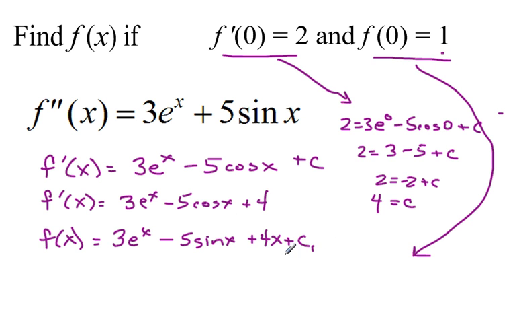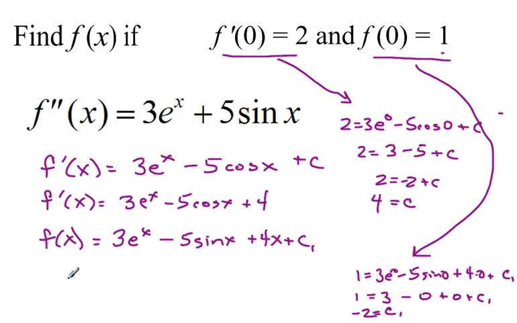So we'll come down here, and my y is 1 equals 3e to the 0 minus 5 sine 0 plus 4 times 0 plus c sub 1. This is nice because e to the 0 is 1, but the rest of these are 0. Sine of 0 is 0, and this next thing is 0. And so c sub 1 is going to simply be negative 2. So we've got f of x equals 3e to the x minus 5 sine x plus 4x minus 2.